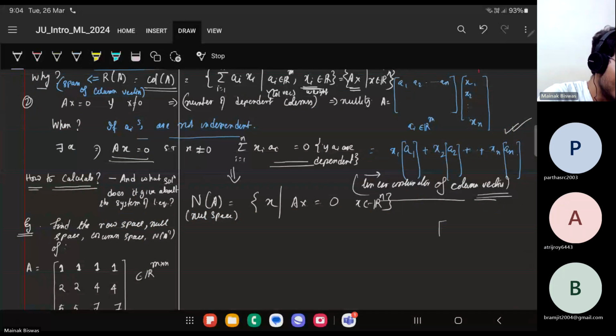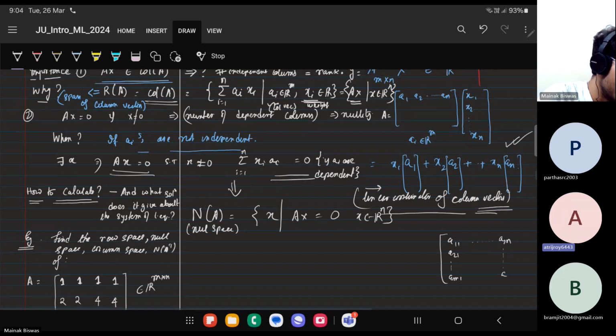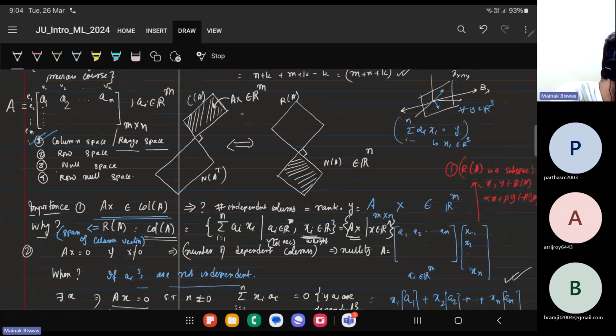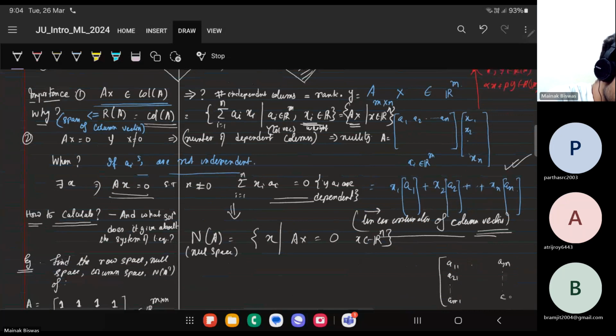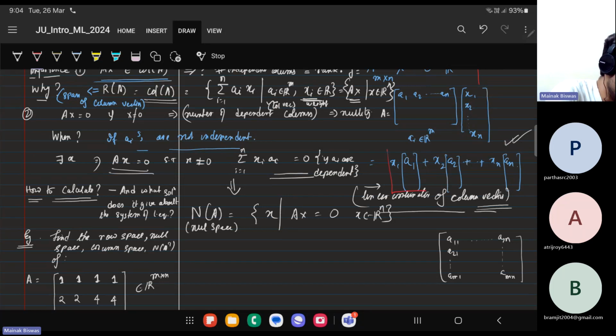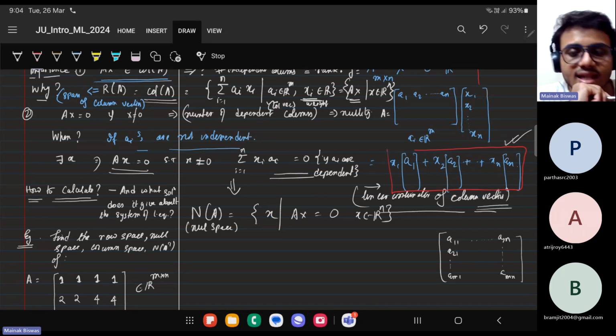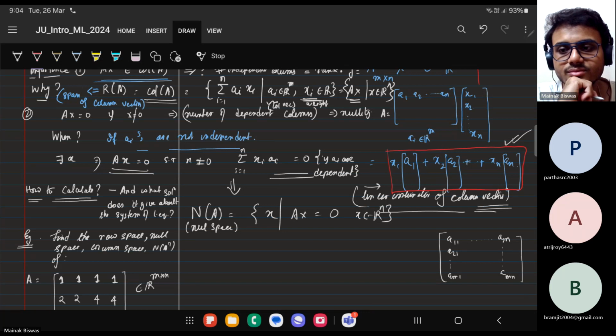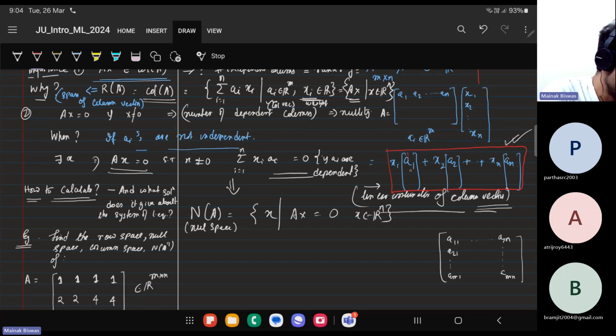So just keep this. One thing to ask: the range space is a subspace of which vector space? I wrote R^m. Look at this picture. From the first thing we did in linear algebra, we wrote that we could multiply each of the scalars in the vector with each of the columns. So which space are the a_i's in?